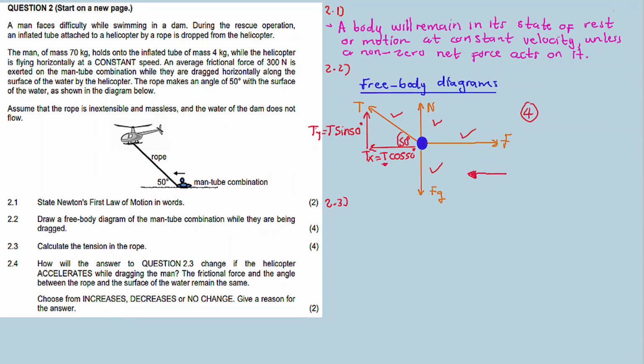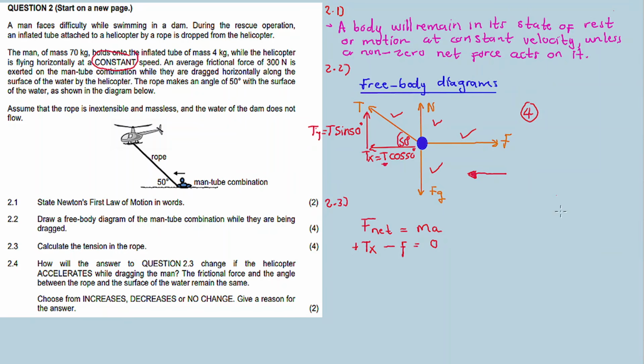Now, F net is equal to ma. See, apply Newton's second law, okay, it's not the second law, because there's a constant speed. Constant speed is what we are dealing with, Newton's first law, and F net is equal to 0. So therefore it means that we only have F net in the horizontal plane. F net now is Tx.